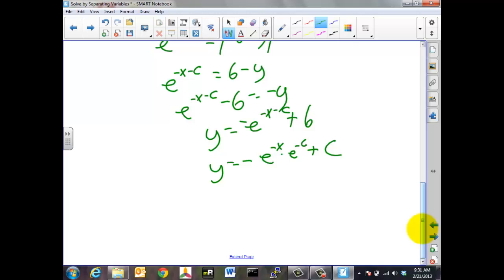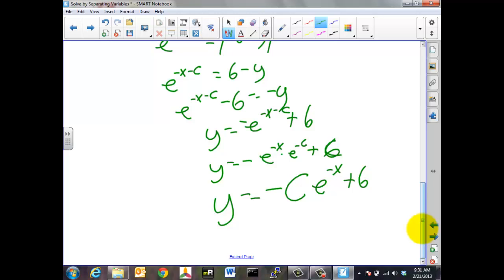So e to a constant number is a constant number, right? So the normal way you would see this written then would be negative c e to the negative x plus 6. Negative c e to the negative x plus 6.